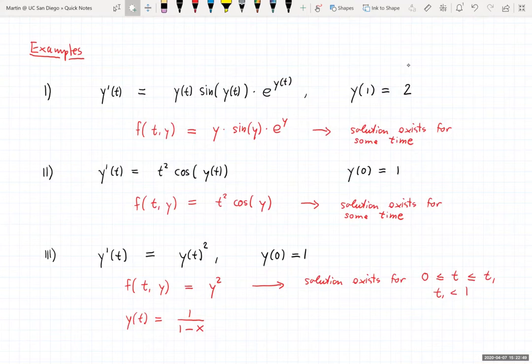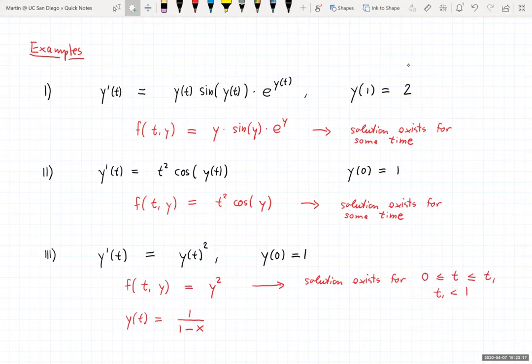Let's take a look at the differential equation y prime of t equal to y of t squared with initial condition y of 0 equal to 1. Okay, we can easily check that the right-hand side is a function in t and y, namely f of t and y equal to y squared. Certainly that function is continuous in t and in y.